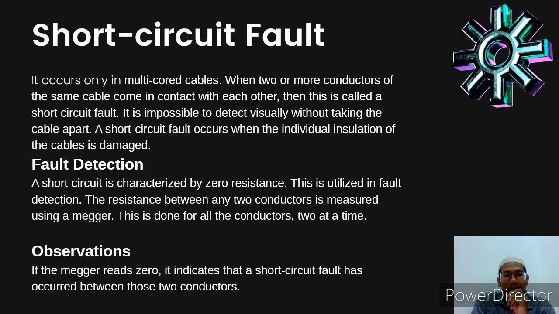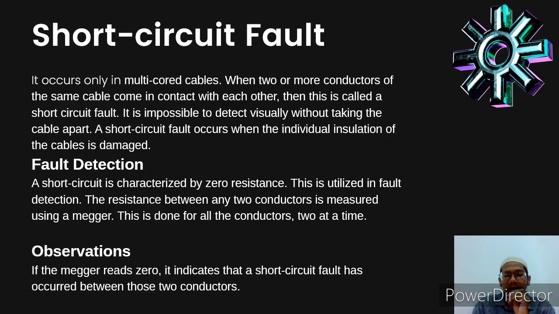Okay, now for the short circuit fault, it only occurs in multi-core cables. It is when two or more conductors of the same cable come in contact with each other. So how we detect the fault is that the short circuit is characterized by zero resistance.